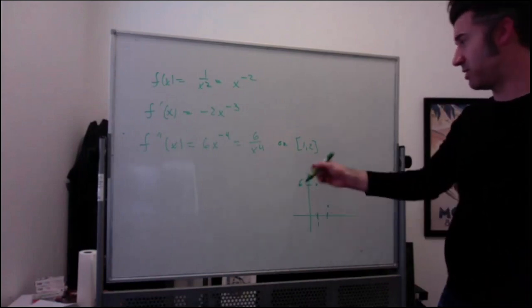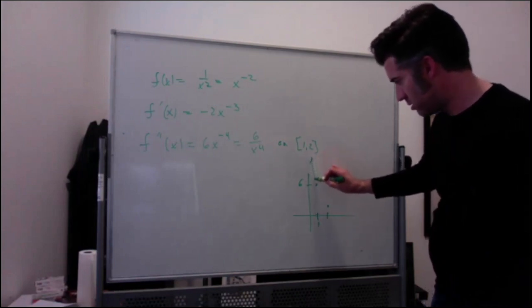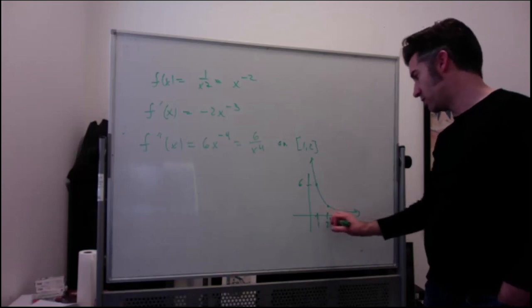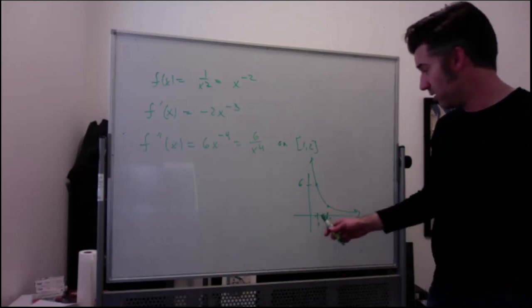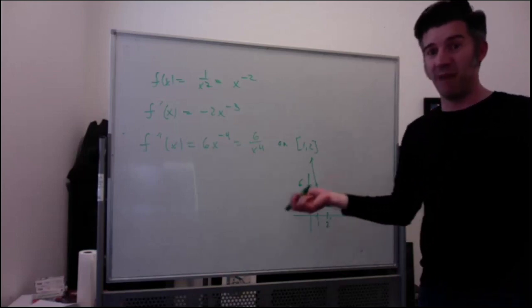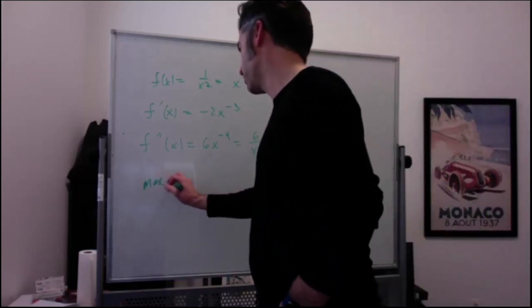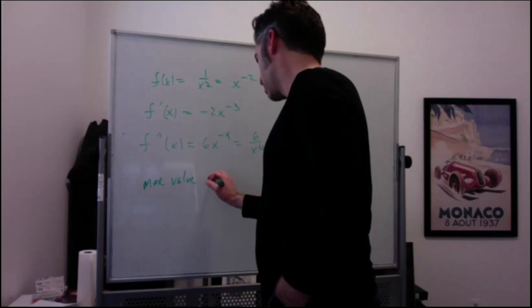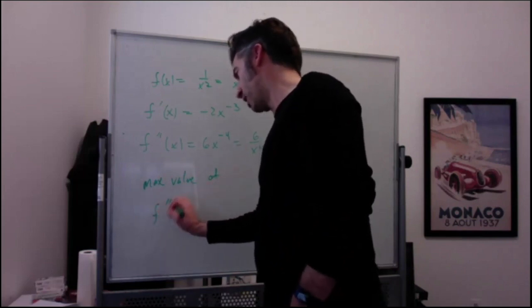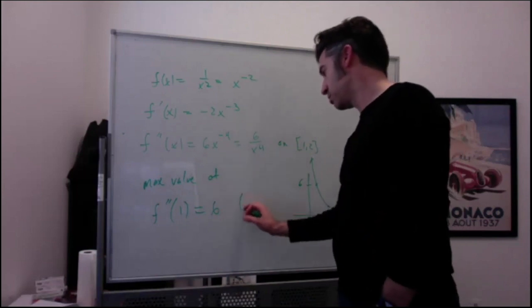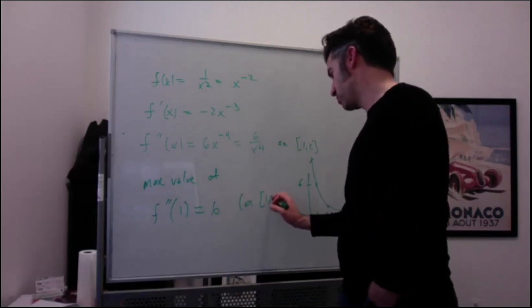I have a pretty good idea what this looks like. On the interval from 1 to 2, it's really clear that 1 is where you're going to get the maximum value. So this has a maximum value of f double prime of 1, which is equal to 6 on the interval from 1 to 2.